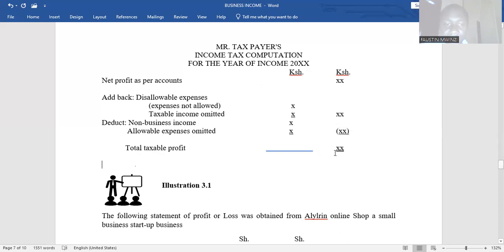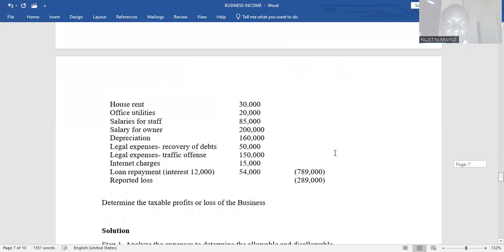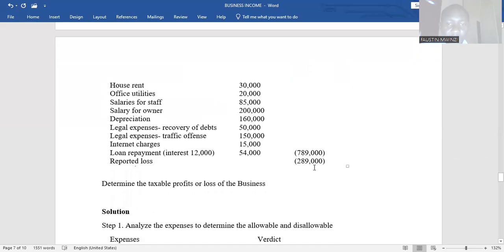All right. You have this illustration. You have this Alirine online shop, a small startup, that you are told reported a loss of 289.